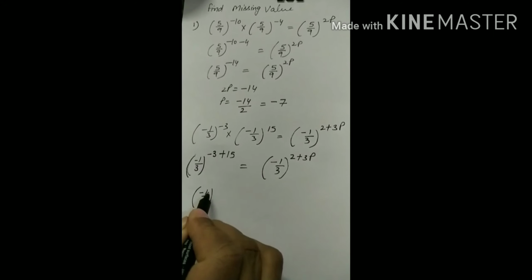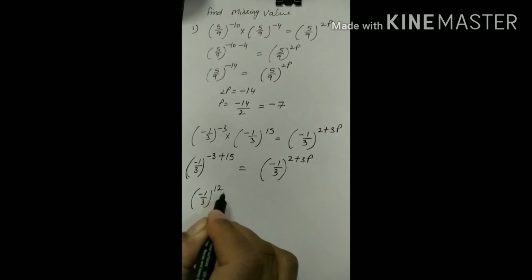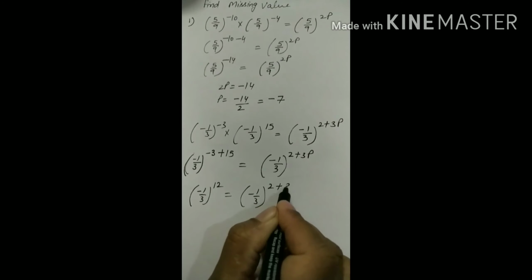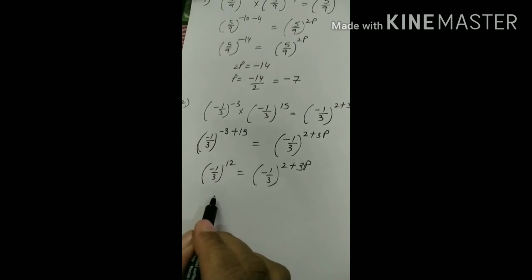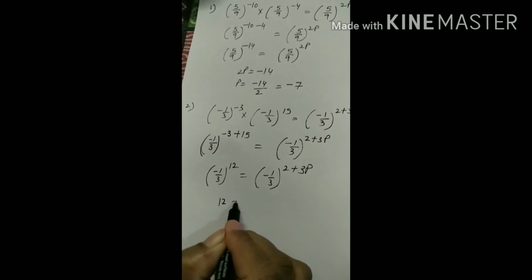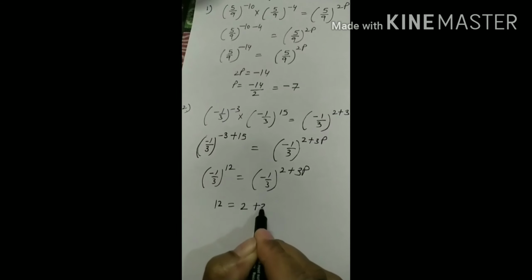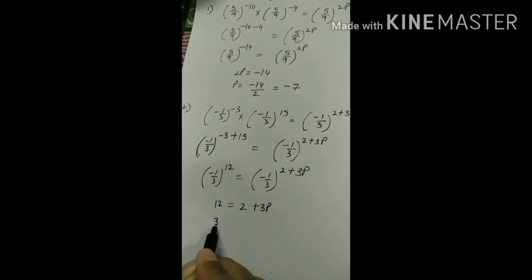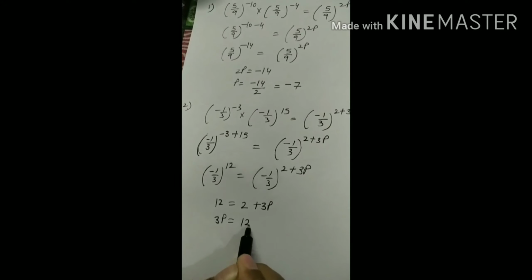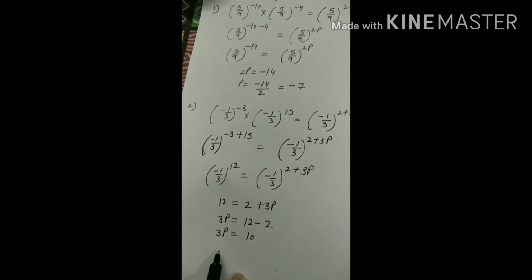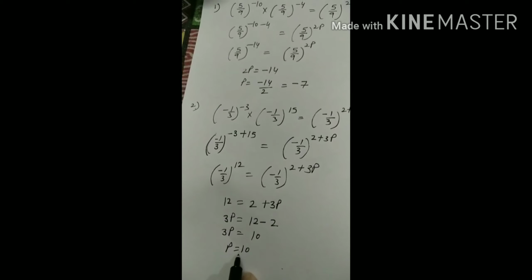So we get minus 1 upon 3 power 12. Now we will follow the same rule: if the bases are the same, then the powers will also be the same. So 12 is equal to 2 plus 3p. So 3p is equal to 12 minus 2, so 3p is equal to 10. So p is equal to 10 upon 3.